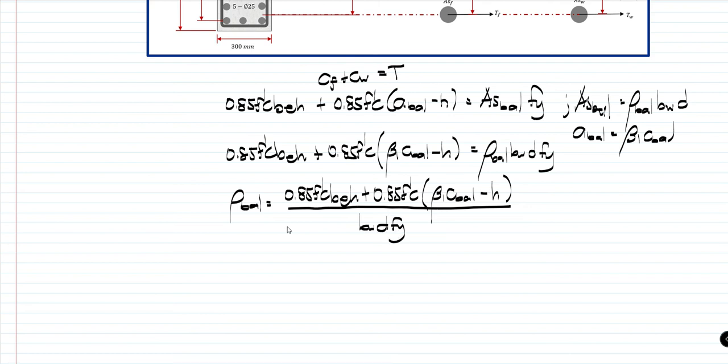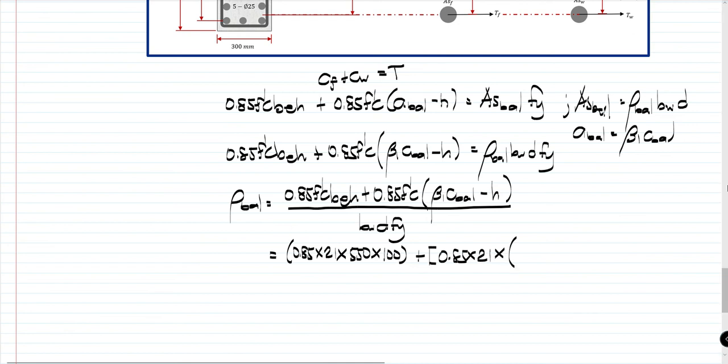Ito na yung equation natin. So we can substitute. So to substitute, that is equal to 0.85 times 21 times our BE, which is 550, times the H, which is 100, plus 0.85 times 21 times yung beta 1 C balance natin, which is, yung beta 1 natin is 0.85 times yung calculated C balance natin, which is 4,575 over 17.